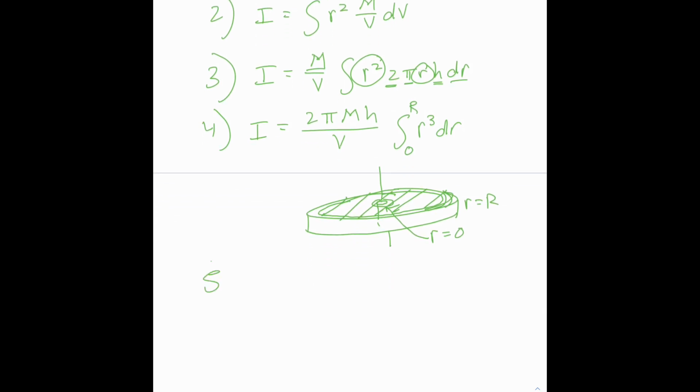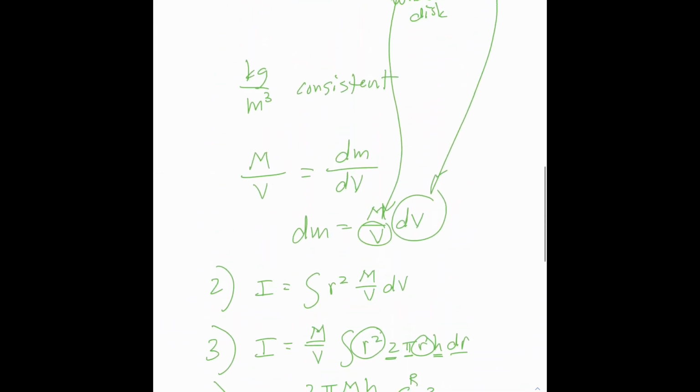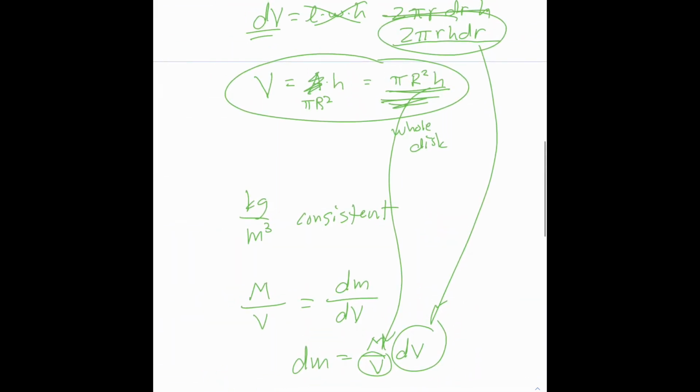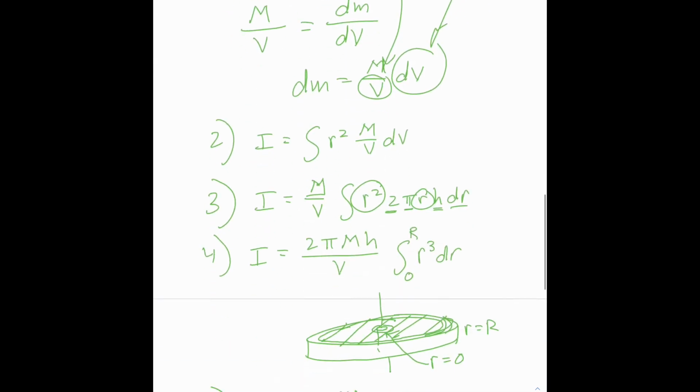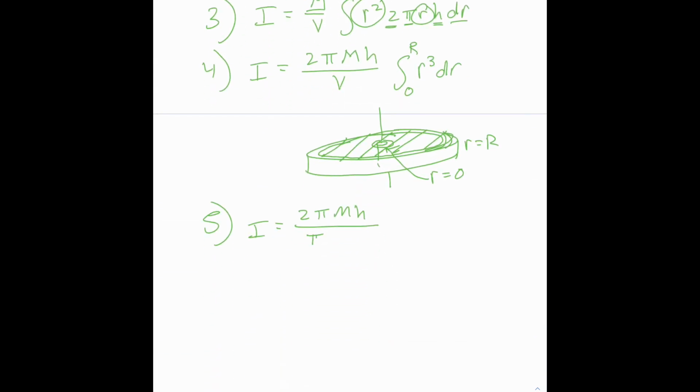Okay, step 5. I equals 2 pi M h over V, where V is pi R squared h, so pi capital R squared h, times the integral of r cubed dr from 0 to R, but that's just going to give us 1/4 capital R to the 4th.